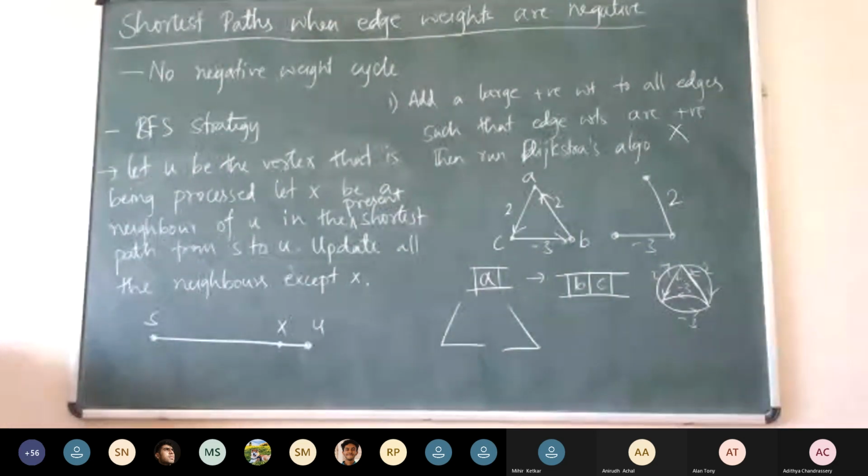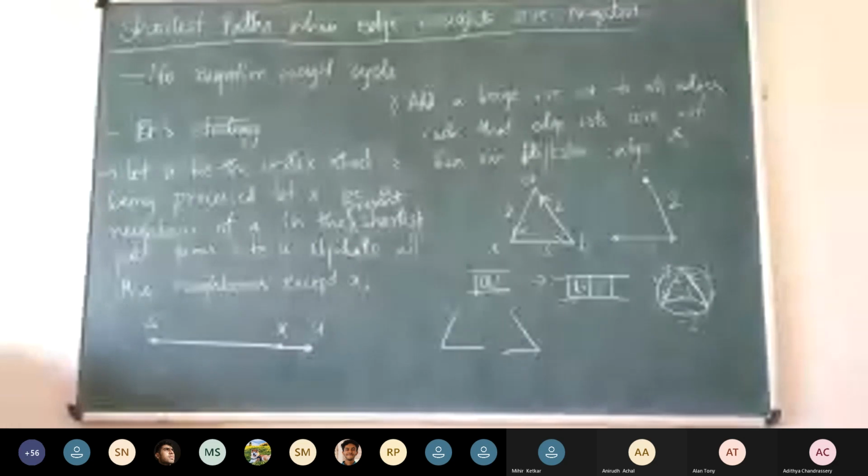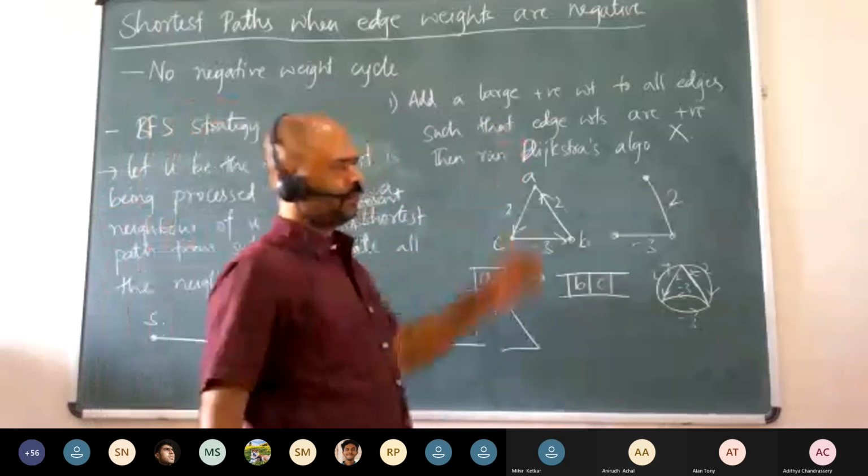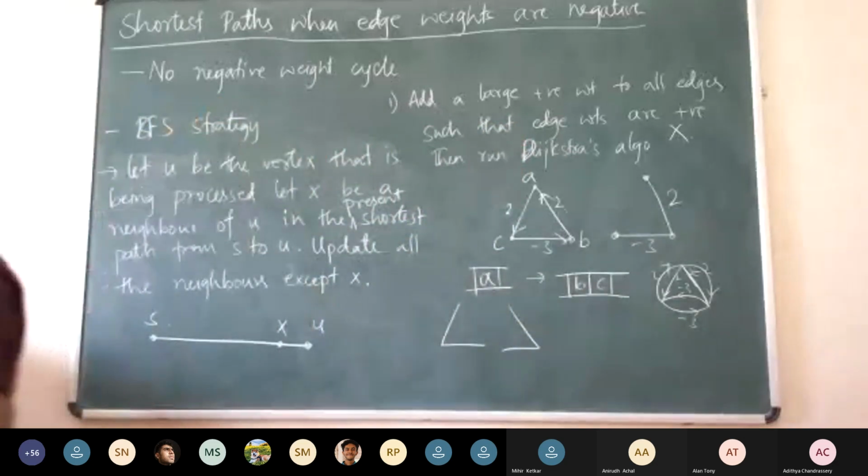So if it is a directed graph, then it will anyway go through, and we will always be able to do this. In a directed graph, should it be a directed cycle which is negative?